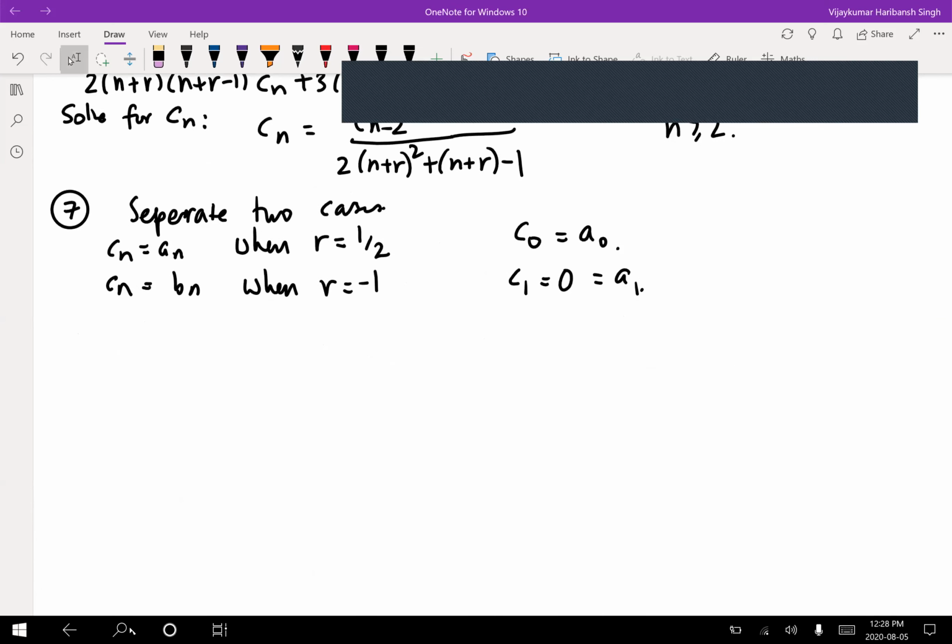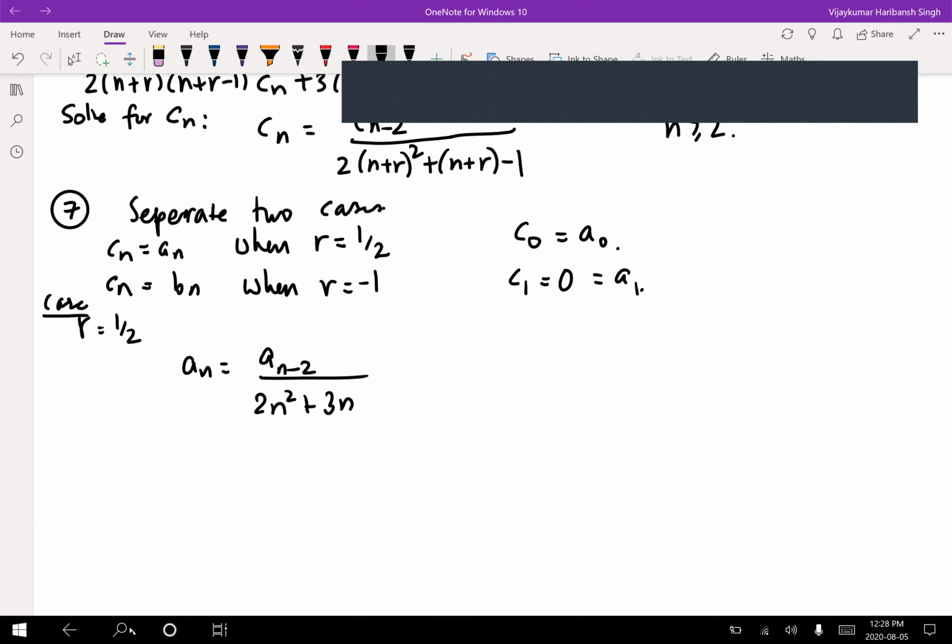Case r equals half: we get an equals a(n minus 2) divided by 2n squared plus 3n. When you simplify, you'll see that that's the case.